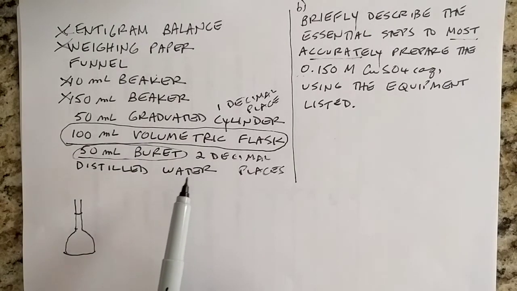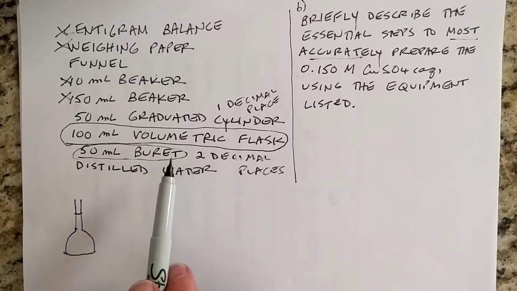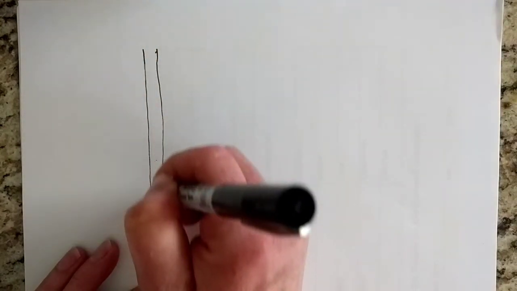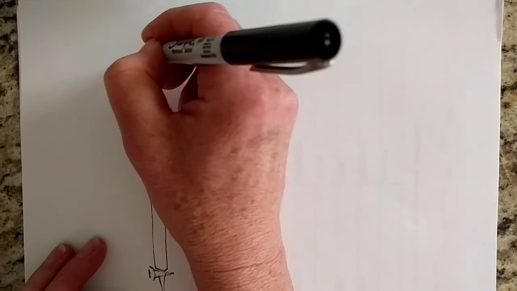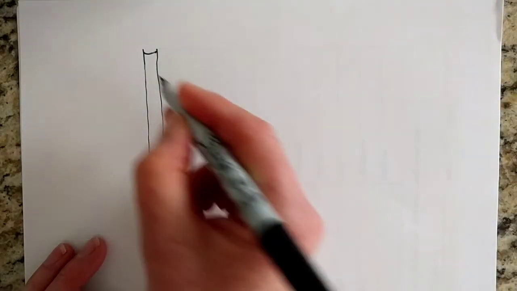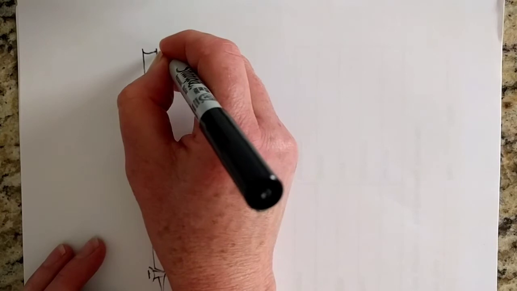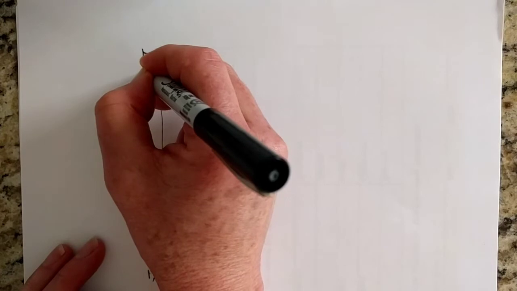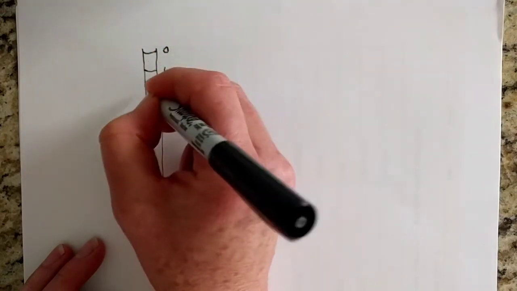So right now I'm just going to do a little review of a burette and how we measure volumes with a burette. All right, so remember that a burette is a long glass tube, and then we have some kind of stopcock that opens and closes it. The important thing about our burette is that the calibration starts at 0, and then we have our numbers at every 1 milliliter.